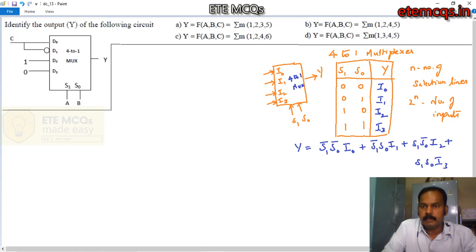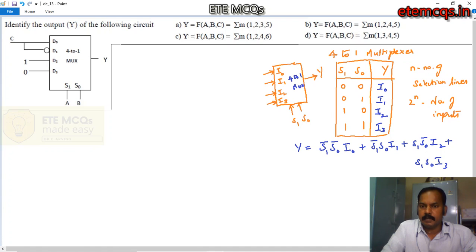This is the Boolean expression we get. This is a glimpse of the basic truth table and the Boolean expression for the output function of a 4x1 multiplexer.